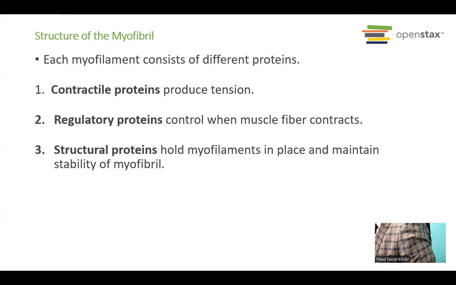These are the proteins that shorten the sarcomere. And there are regulatory proteins that regulate the contraction, but themselves, they do not contract. And there are structural proteins that hold the myofilaments in place and maintain their stability.